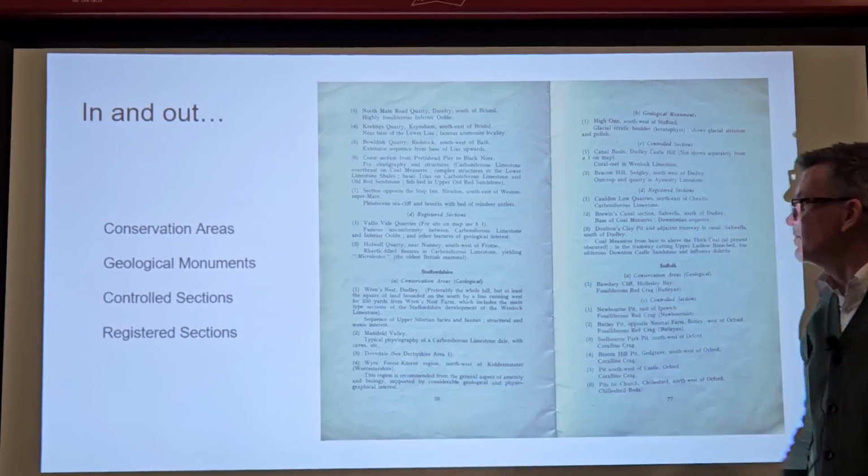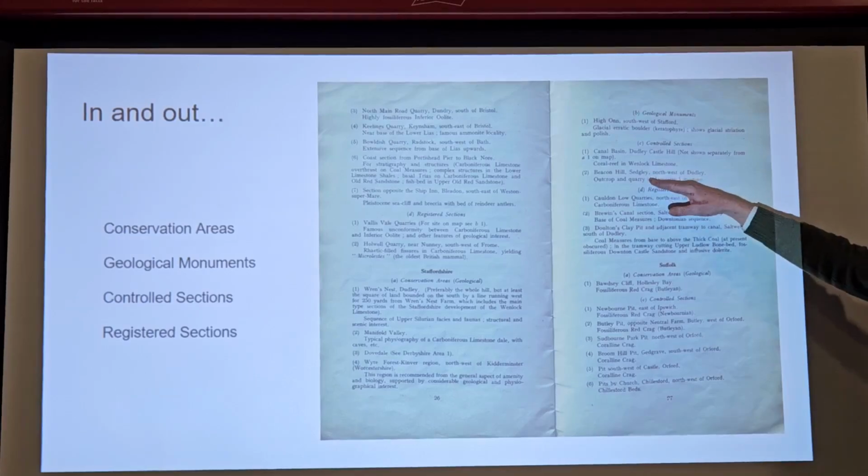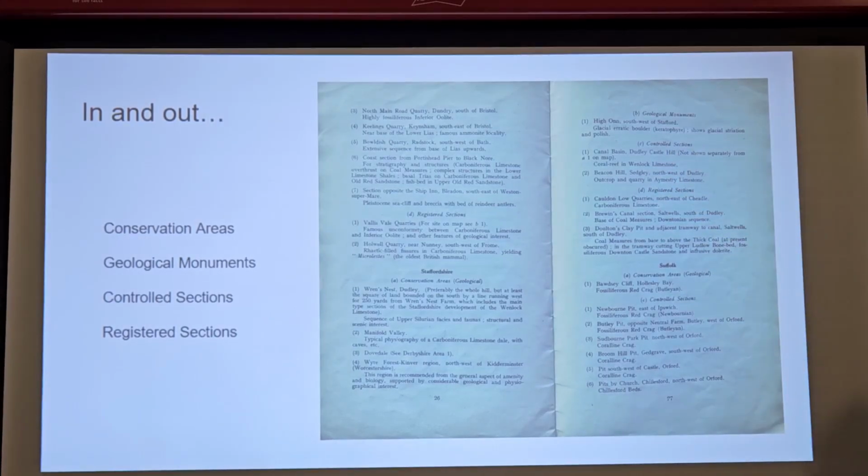They're on the edges, there's the Wyre Forest and Kimber region and so on. Look, Beacon Hill, Sedgley in Dudley. The Canal Basin, Dudley Castle. So this is where Staffordshire was in, but when we decided to change the county lines, Staffordshire was out. So this is the in and the out. I'll come back to that in a moment.